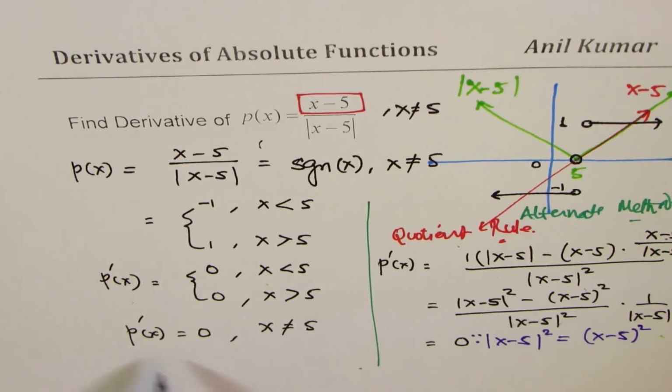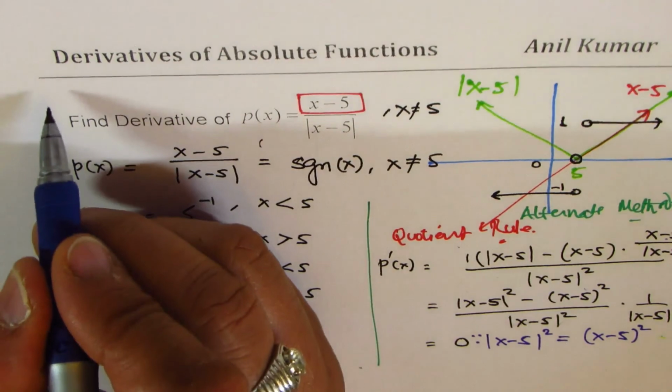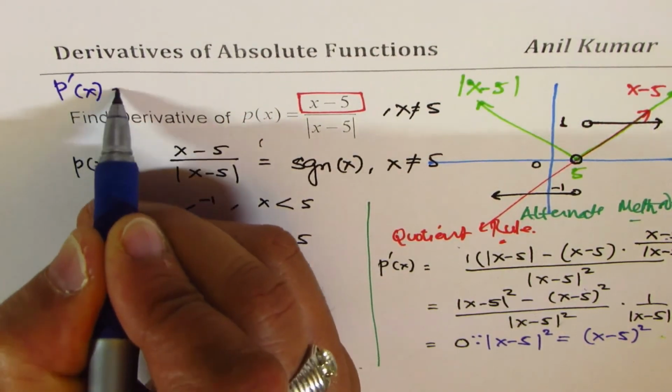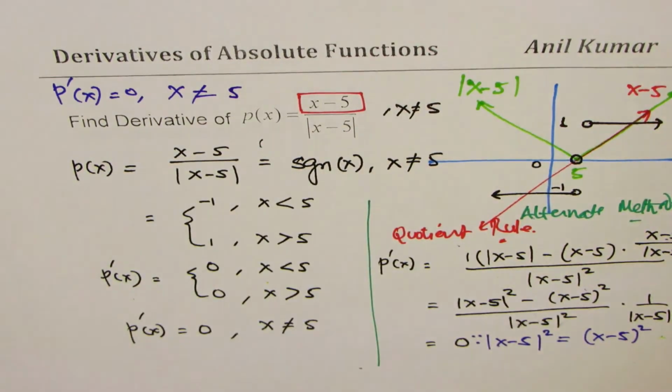Do you see that? So in any case, any approach you follow, what you get is that this derivative is equal to 0, right? So we get p dash x equals to 0, but x should not be equal to 5. It is not defined at 5. Is it okay? It does not exist at 5. Is that clear to you, right?